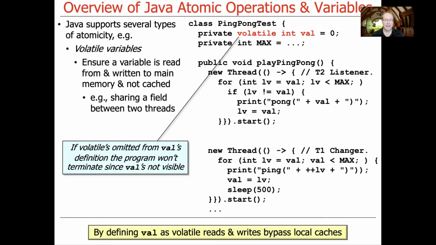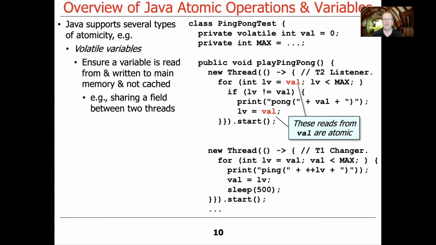And so defining val as volatile means that reads and writes bypass the local cache and they go directly to memory. What we're showing here is that the listener thread is going to be reading the value of val, that shared field, atomically. So it's guaranteed to get the latest version.